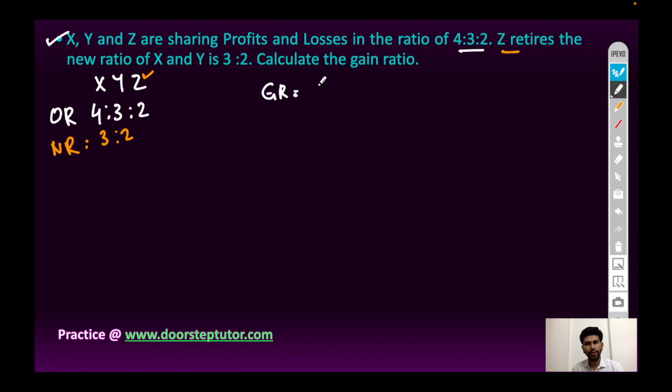Gain ratio equals new ratio minus old ratio. For Mr. X, new ratio is 3 by 5 minus old ratio, which is 4 plus 3 plus 2, 4 by 9.